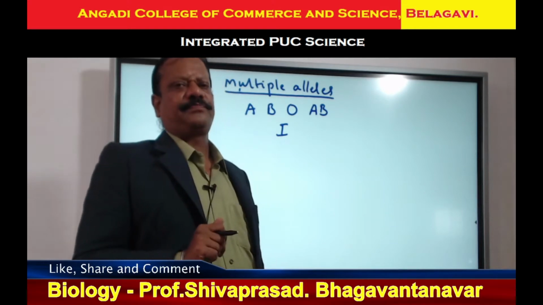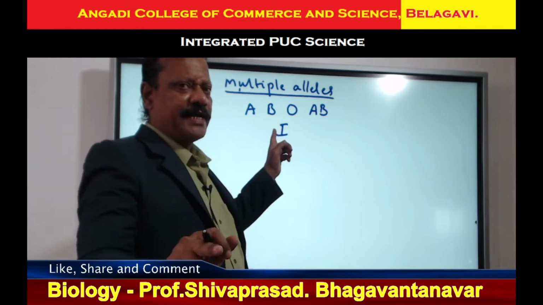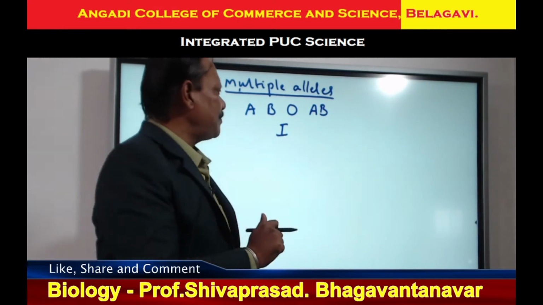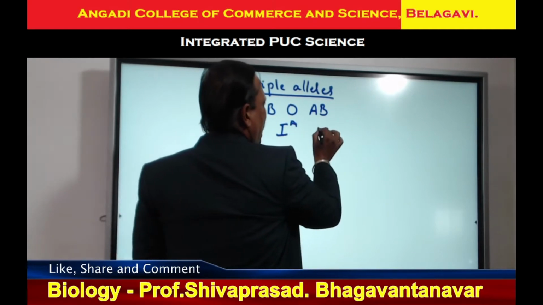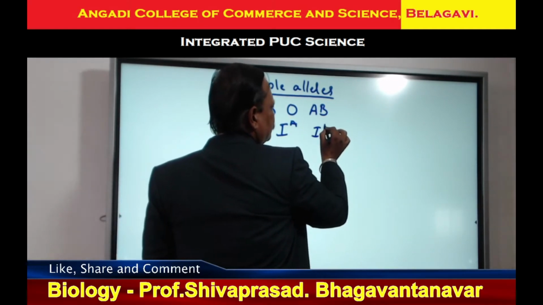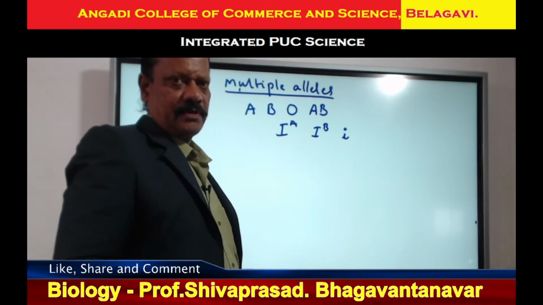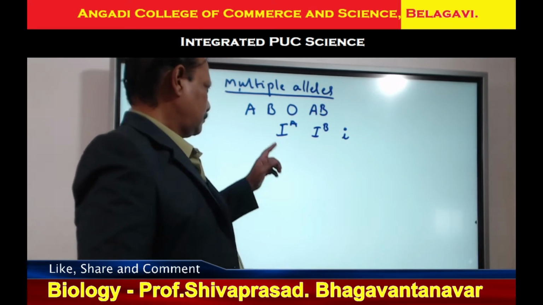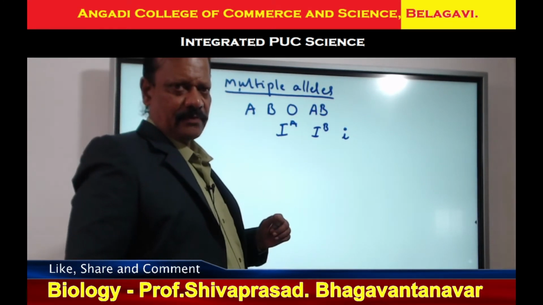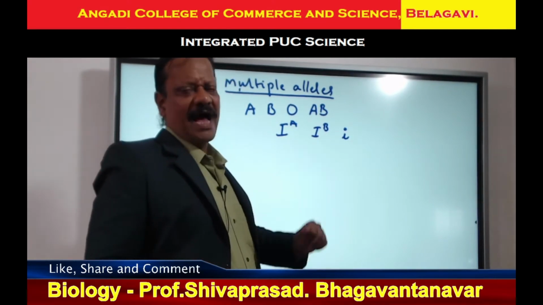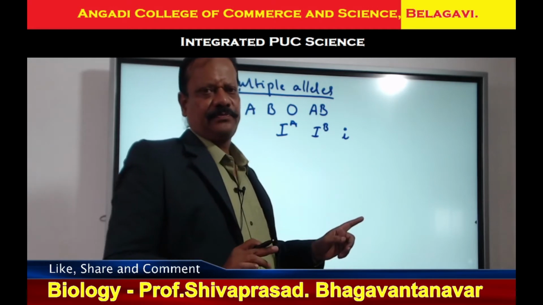Now just see, I we are indicating for the gene, and here I am writing it as IA, IB and small i. So I am indicating A group as IA, B group as IB, O group as small i.